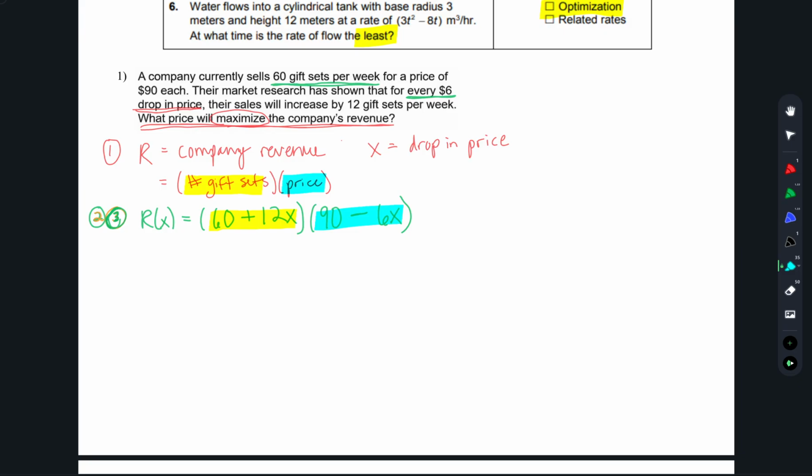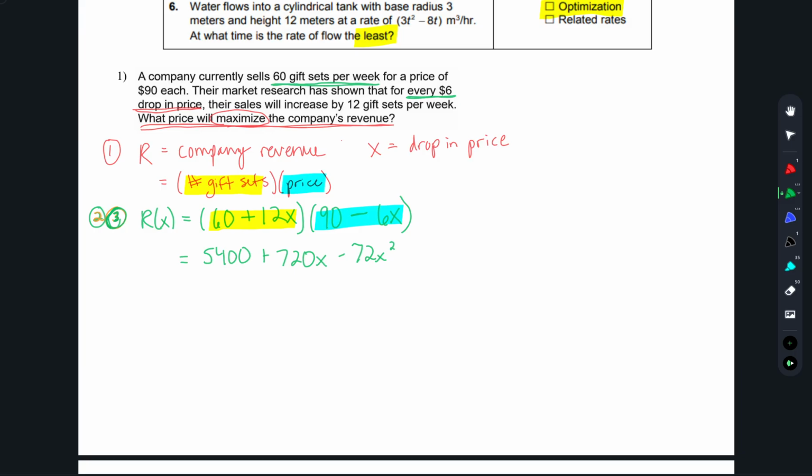Okay, so now you're solving for a maximum like normal. I would distribute so we don't have to do the product rule. I already did this earlier, so 5,400 plus 720x minus 72x squared.